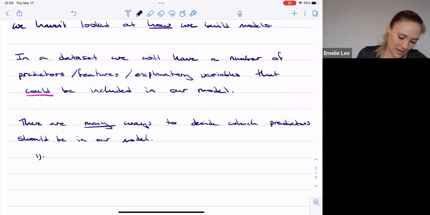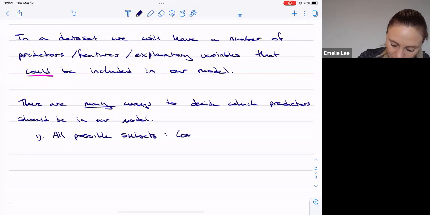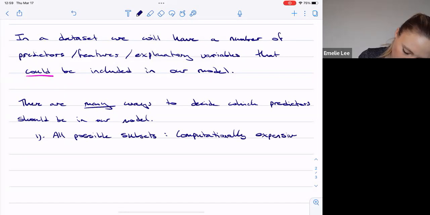But I will say all possible subsets is computationally expensive, right?